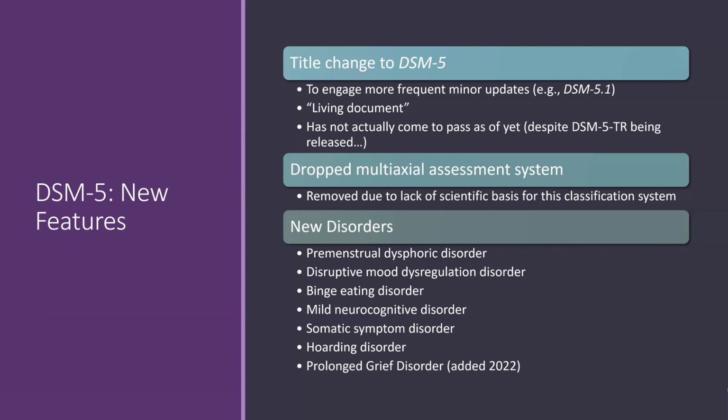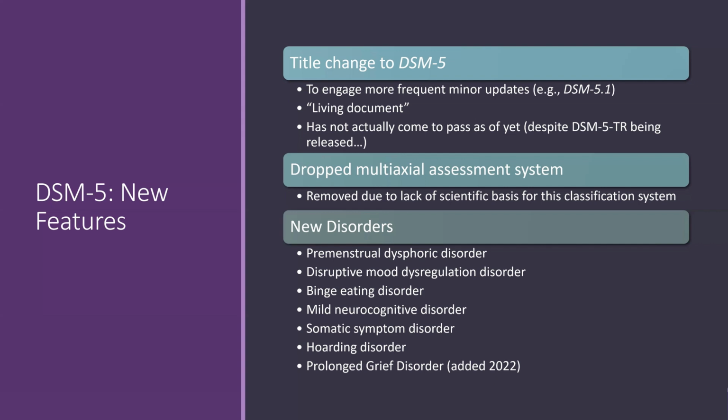And then the DSM-5 introduced a number of new disorders. As part of your weekly discussion response this week, you'll get a chance to pick one to read more about. So we have premenstrual dysphoric disorder, which is major depressive episodes that occur corresponding to the menstrual cycle.